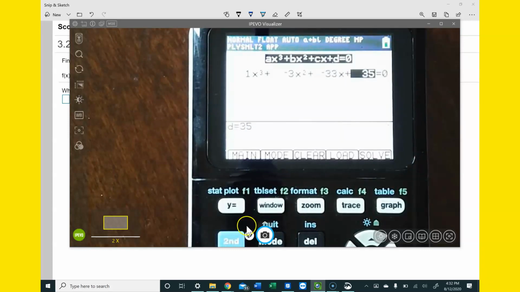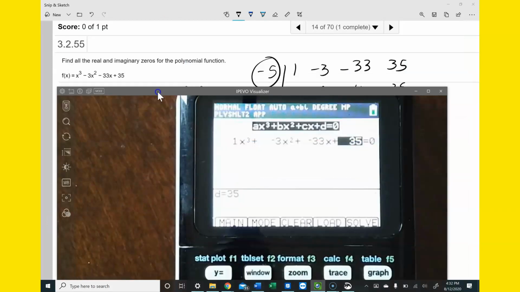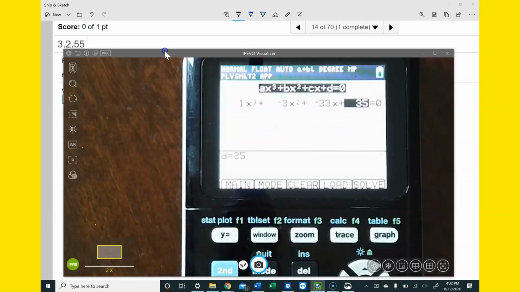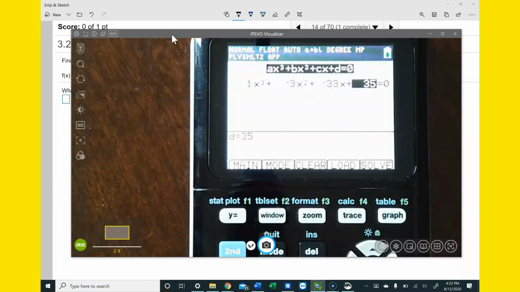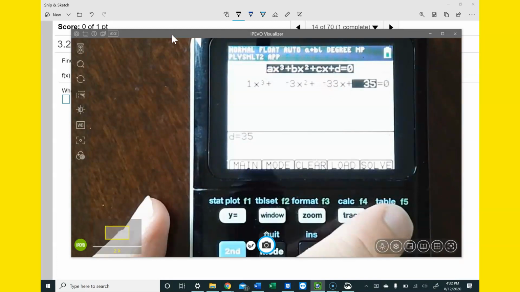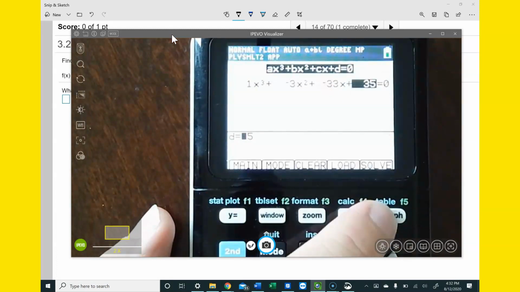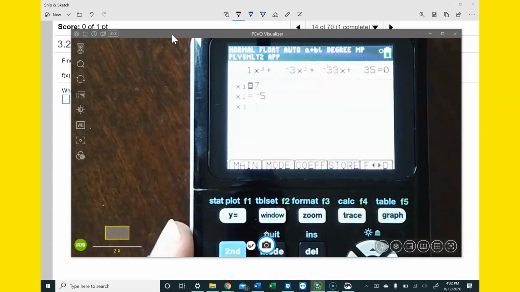I believe that was right. Let me make sure: negative 3, negative 33, 35. Yeah. All right, and then to click solve, I have to press the button below solve, which is graph. And it tells me all of the answers: 7, negative 5, and 1.